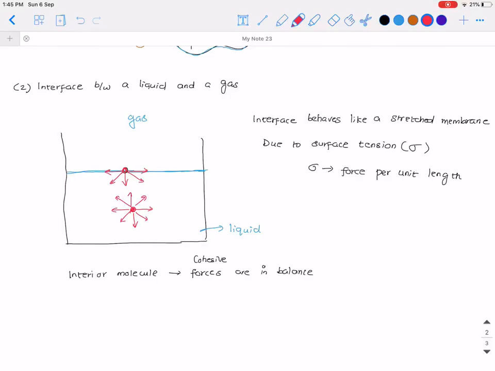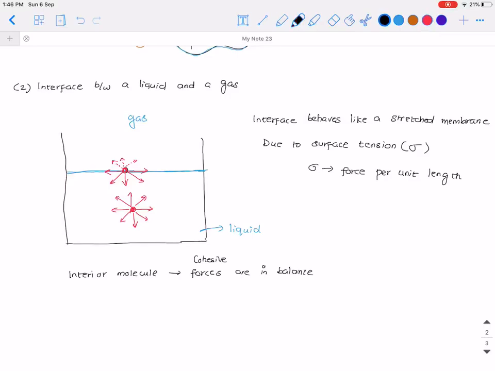To be exactly correct, there will be some adhesive forces between liquid and gas, but this magnitude is much smaller than the cohesive force. So there is a net imbalance of the cohesive forces. The physical consequence of this imbalance is the apparent tension at the interface, and this is quantified by the unbalanced force per unit length.